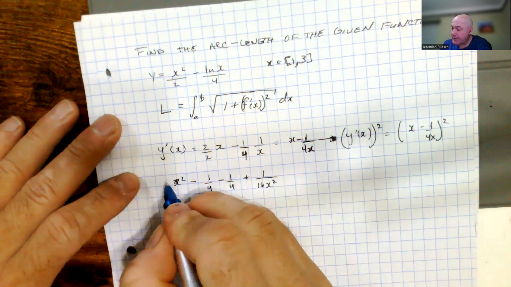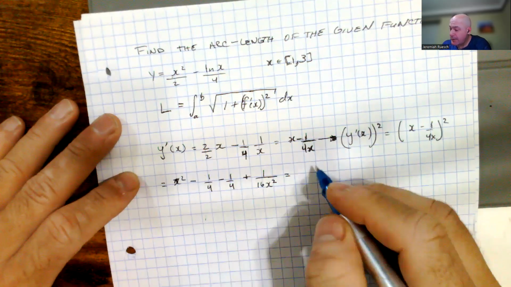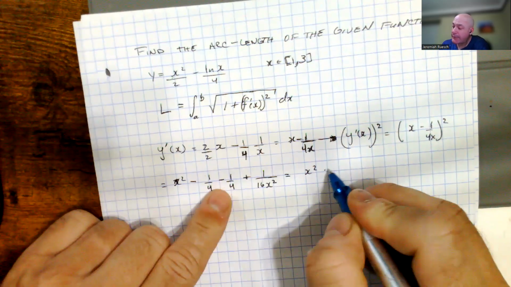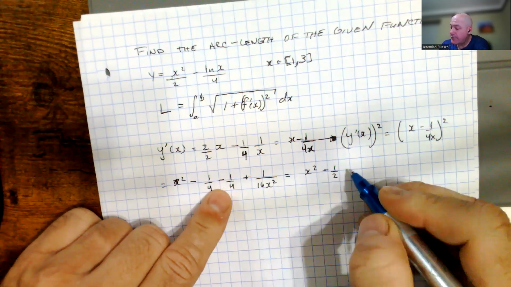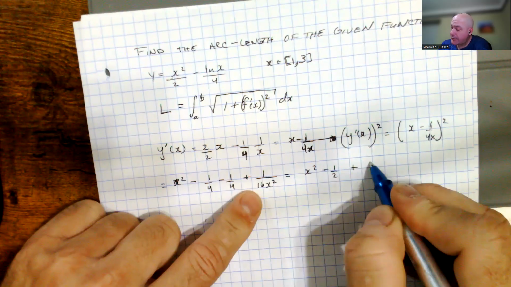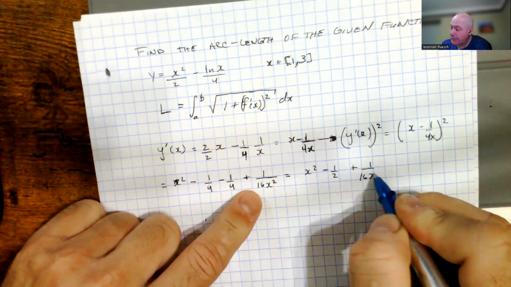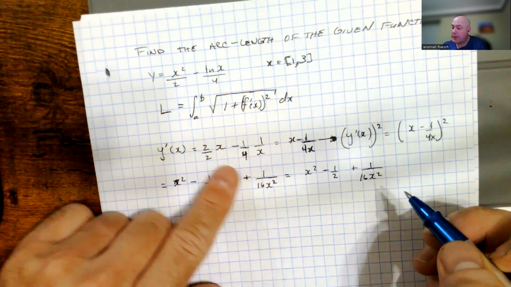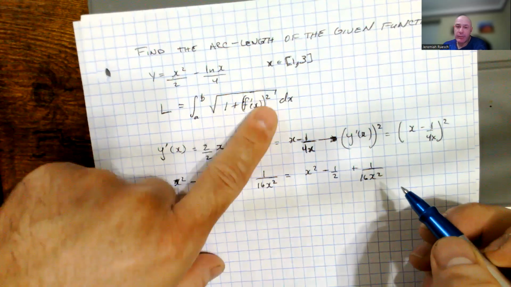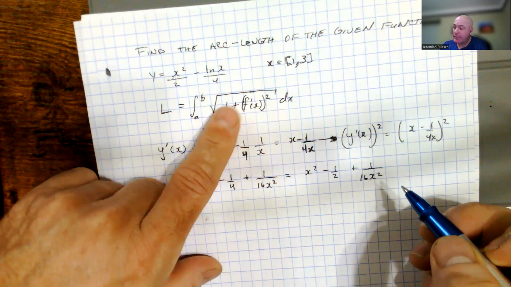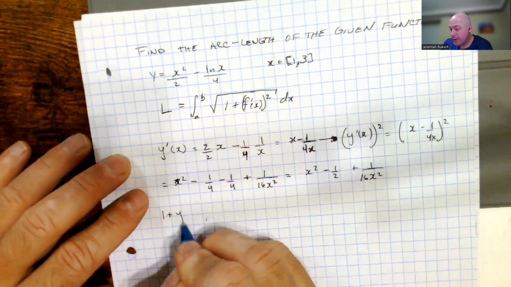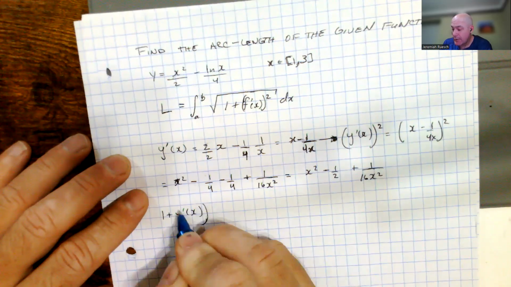Okay, simplifying that a little bit more. We have x squared, minus 1/4 and minus 1/4 make minus 1/2, plus 1 over 16x squared. Okay, so that's this term squared now, and so now we have to worry about the plus 1. Okay, so now we have 1 plus y prime of x squared.